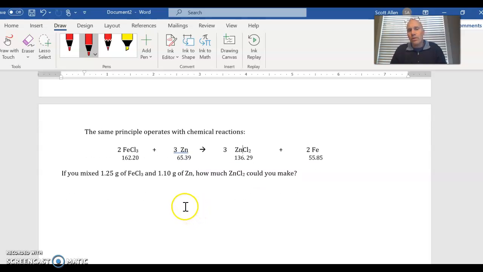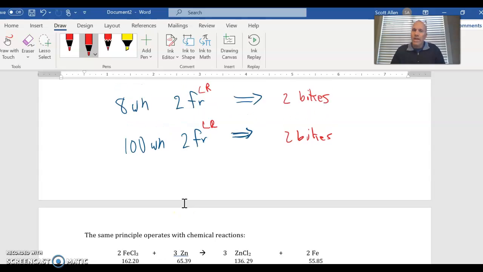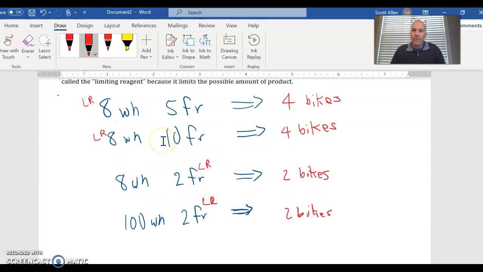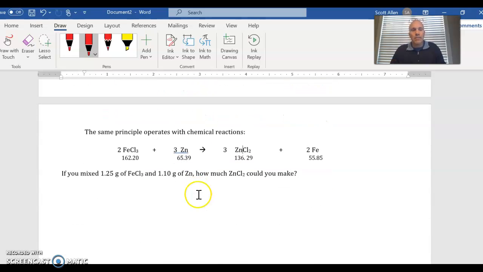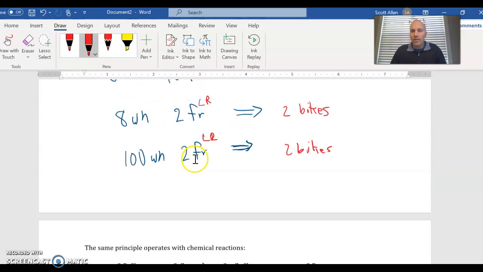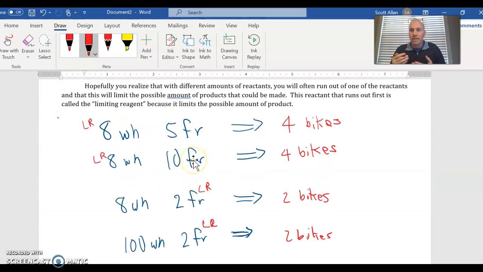So just like before, we have to be able to figure out how much we could make. We've got to figure out, of the things that we're mixing together, what's the thing that runs out first? So the problem is that to do this, we have to get quantities, like the number of things, like you could count.